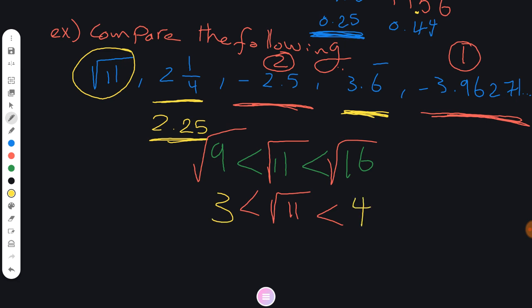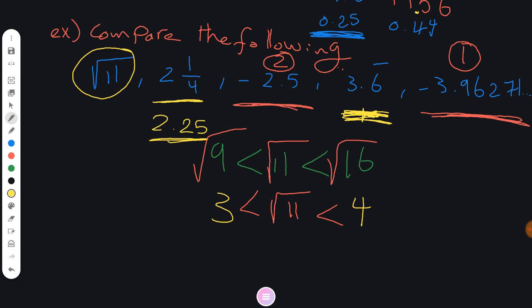So it's located between 3 and 4. Actually, I need more estimation because I have here 3.6. If this number is more than 3.6, it will be bigger. If it is less than 3.6, it will be smaller. So I have to decide 3 point what to compare with this number. Is 11 near to 9 or near to 16? I think it's near to 9.